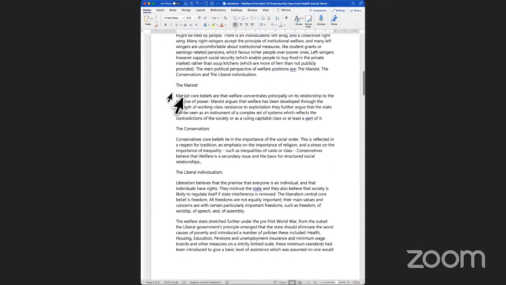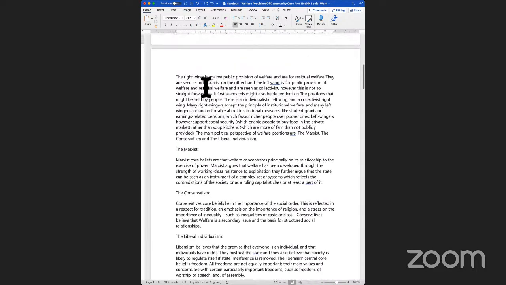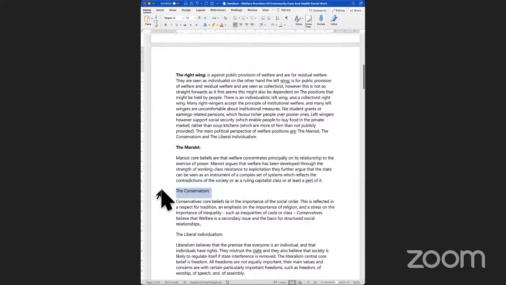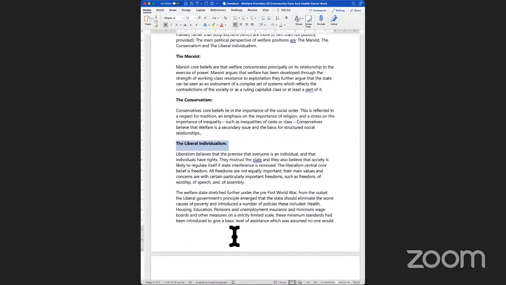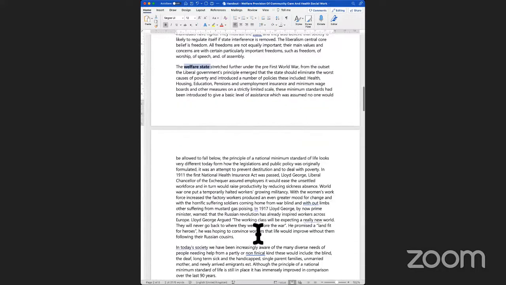So it talks about various aspects of what is the right-wing approach, what is the Marxist approach, what is the conservative approach, and what is the liberal approach in terms of ensuring that health and social care services are provided to the members of the public for the welfare of these citizens.